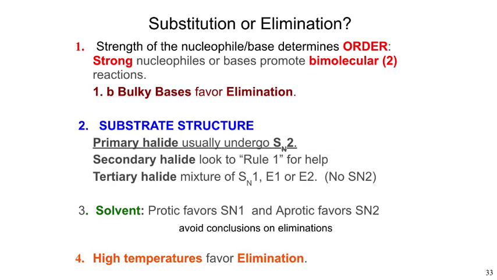The one that's really helpful is a primary halide. You're almost always stuck in that SN2 box. Secondary halide, you're stuck. Hope Rule 1 helps you out. Tertiary halide, you get a mixture of all three products, but no SN2. So something's now excluded from that system. Your solvent protic typically favors SN1, aprotic SN2, and then high temperatures tend to be a red flag for elimination.